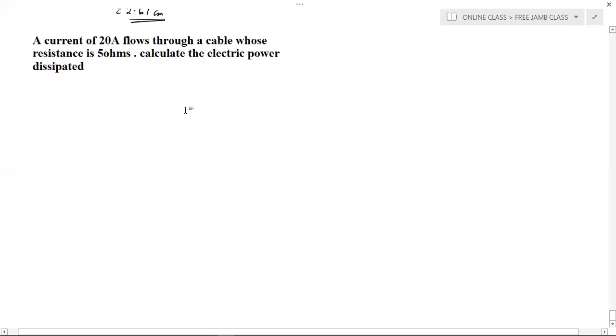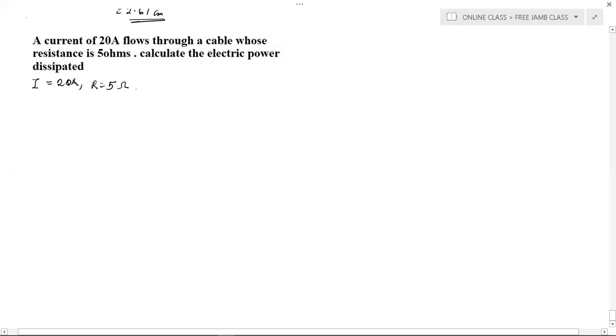Now they say that a current of 20 amps, current equals 20 amps, flows through a cable of resistance 5 ohms.